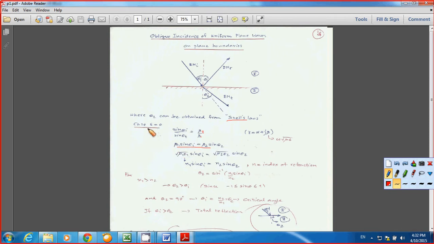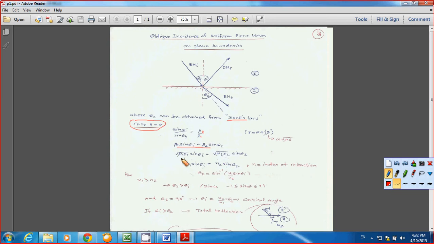Since we're talking about the case of lossless media, where sigma, the conductivity, is equal to 0, you ignore the real part of the propagation constant, and what is left over is beta, equal to omega square root of mu epsilon, which I mentioned in the previous YouTube video. Then beta 1 is the square root of mu 1 epsilon 1, and beta 2 is the square root of mu 2 epsilon 2.